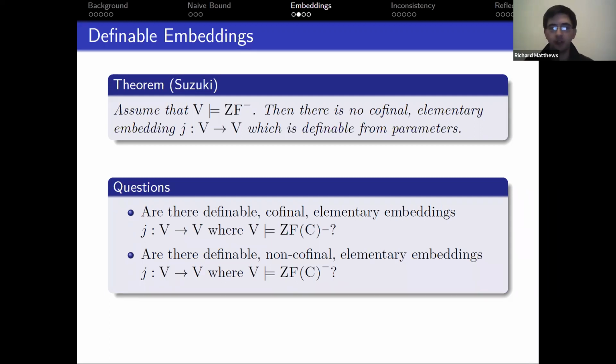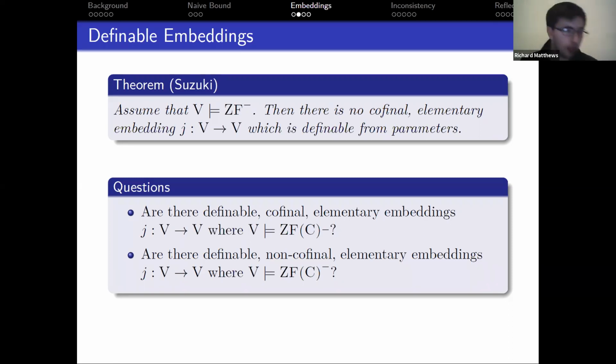Are there definable non-cofinal elementary embeddings from V to itself when V is a model of ZFC without power set but with collection? As we will see later, the existence of these things is strongly related to I1. If you could show that there's no definable one, you would, I believe, prove that I1 is inconsistent. So that's a worthwhile point to make.